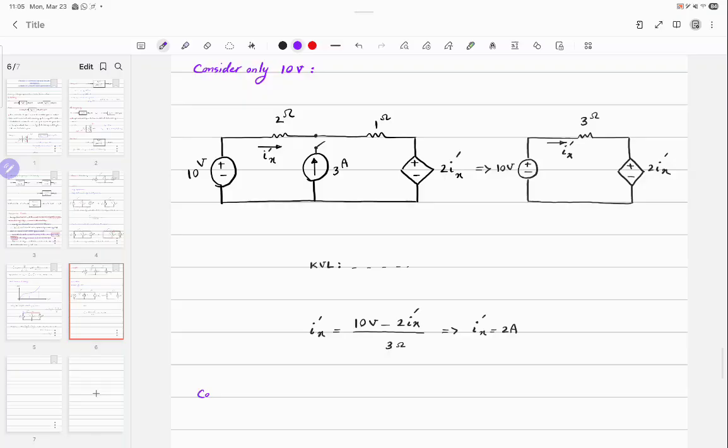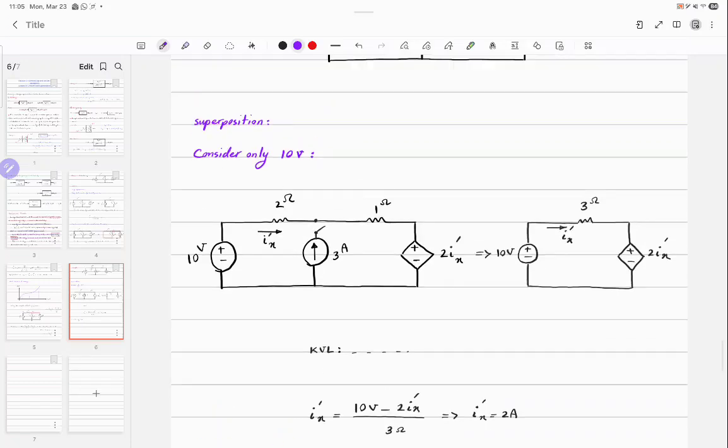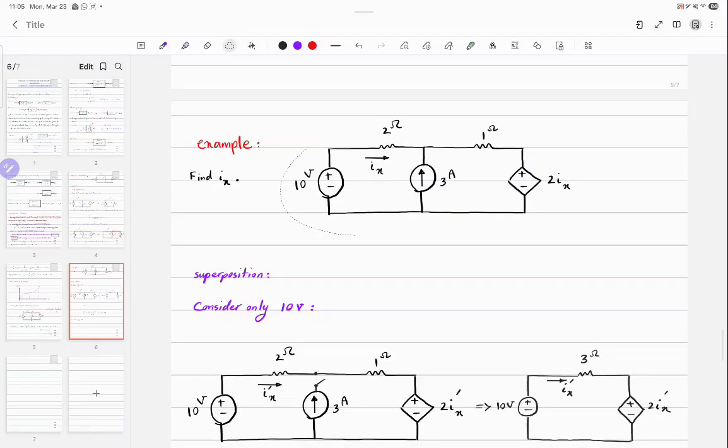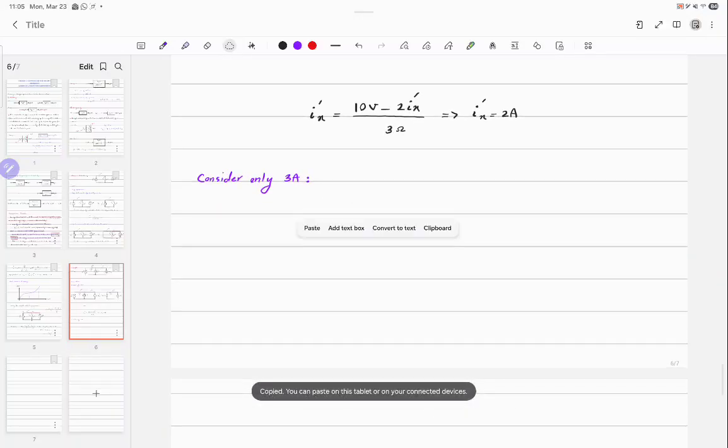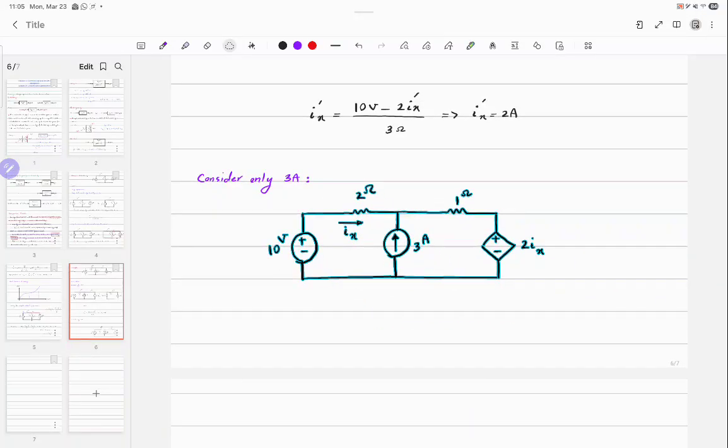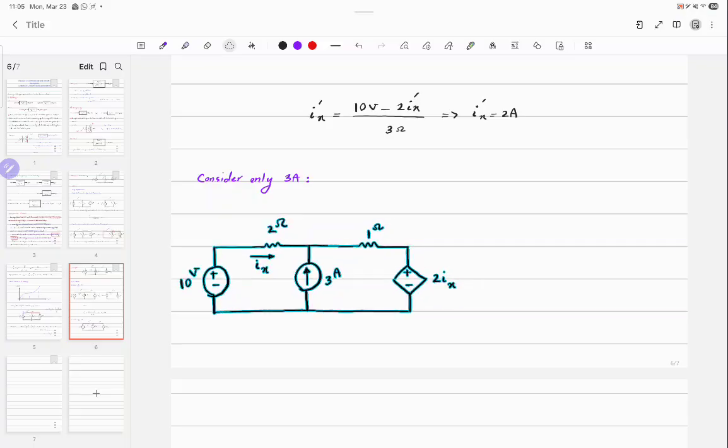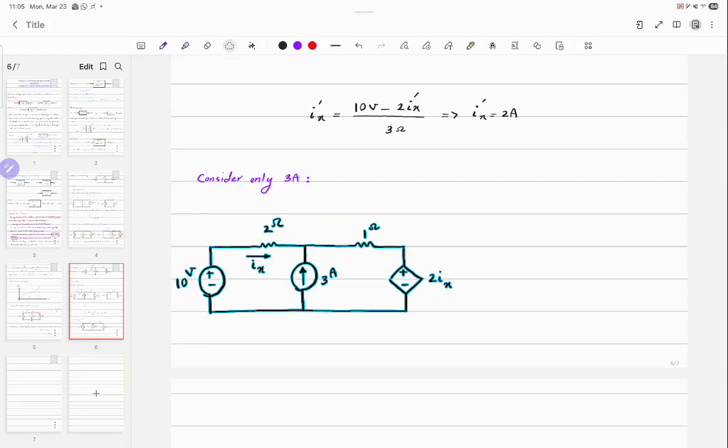Next, consider only the 3 amps. What should I do?